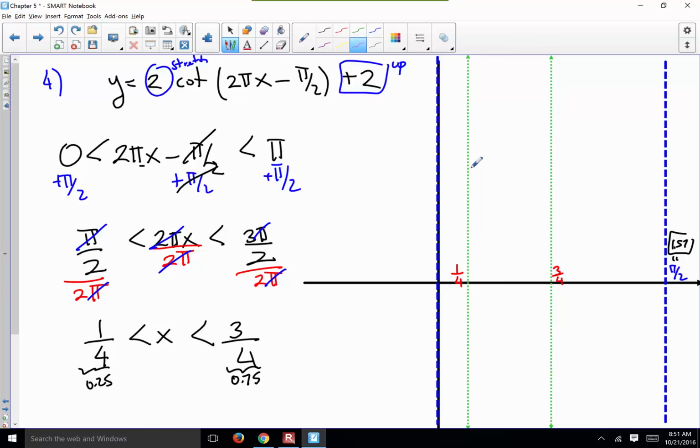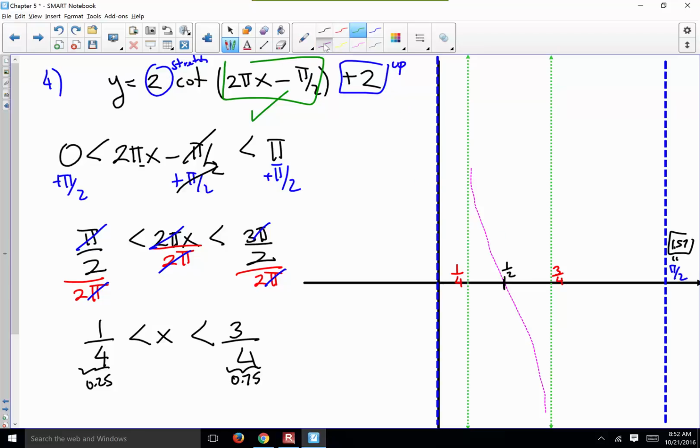We need to go this way. Please tell me what this middle value will be. What's between 0.25 and 0.75? Yes, 1/2 or 0.5. Or add these two and average them, divide by 2. Okay, this part is done. We still have to stretch it twice and move up 2.